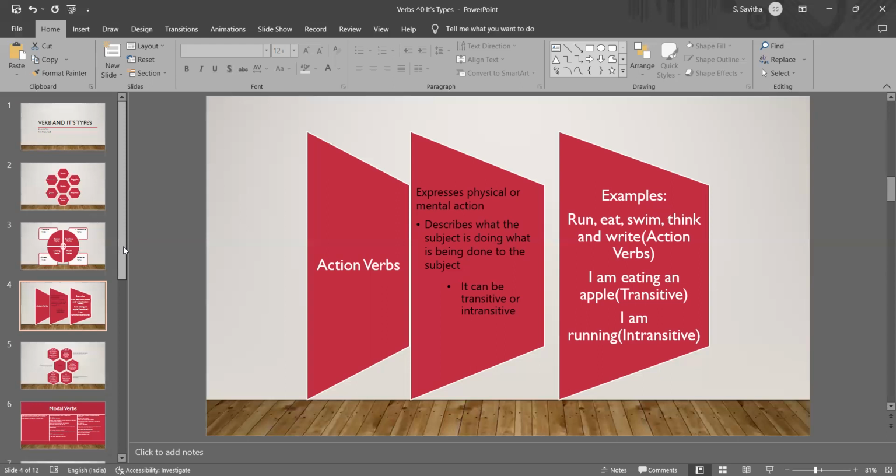Now, look at the next sentence. In contrast, in the sentence I have given, I am running. Here, the verb running is intransitive because it does not require a direct object. So, action verbs are an essential part of any sentence in English.